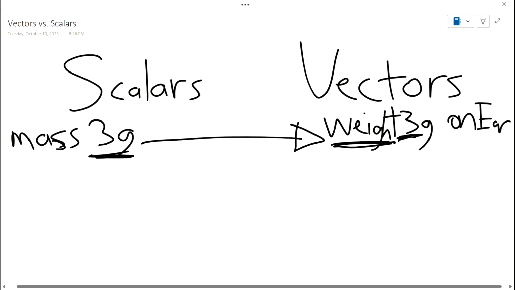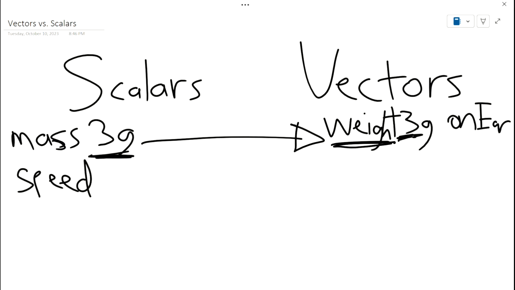Now, let's take another scalar, for example, speed. Speed is a scalar because no matter what direction you go, it'll always be positive. It'll always be a speed. So let's say we just have the speed 5 meters per second.